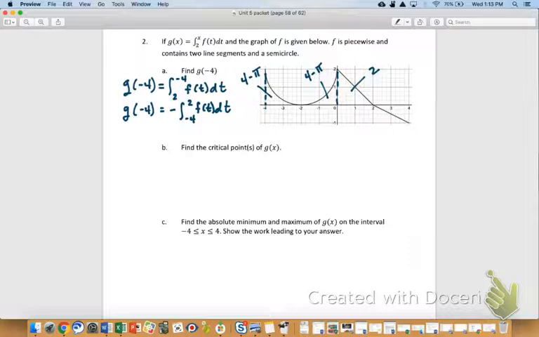I went ahead and completed all the way through to what I believe is the answer for letter A. Once you get to a good place, let's compare, discuss.